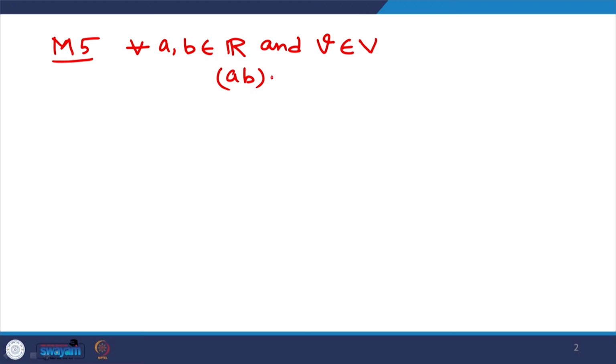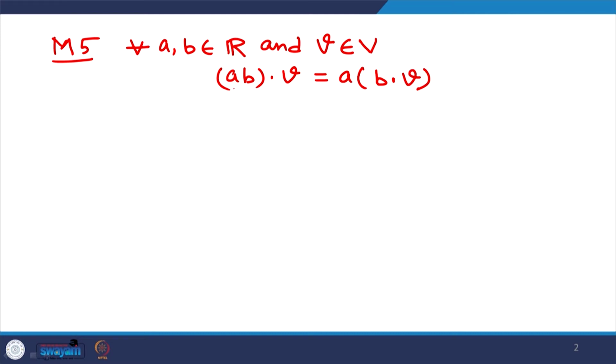The fifth property is for all a, b belongs to R and vector v belongs to the set V, which is a set of vectors, the product of a b scalar multiplication with v equals a dot (b dot v).